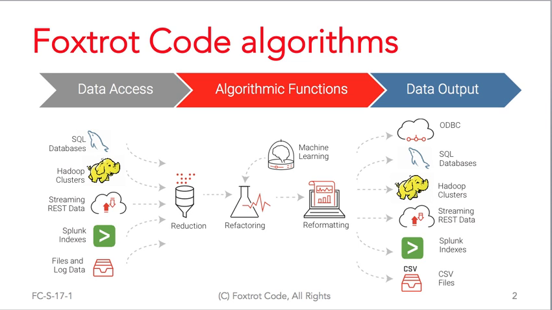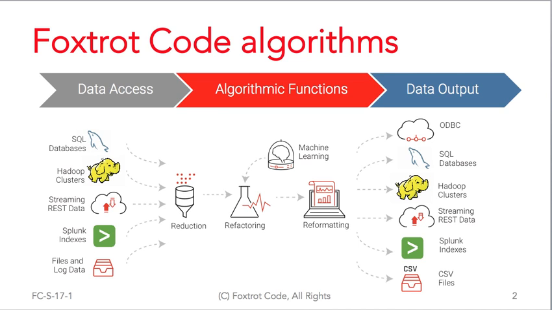Then it reformats it, gets it ready for some downstream process, and outputs it into those same or other kinds of target destinations so that it can be used. This end-to-end capability is what you'll be building on Foxtrot Code. Even a simple algorithm will be able to do this.